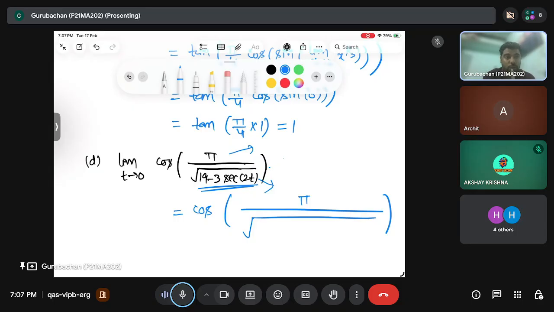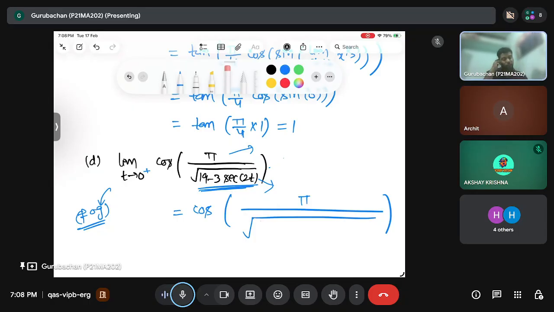For the sake of simplicity, I am writing plus here. If I am talking about this limit t tends to 0, then I am assuming that this internal quantity must be positive. f of g is defined when the range of function g lies in the domain of f. Remember, Archit? Yes, sir.